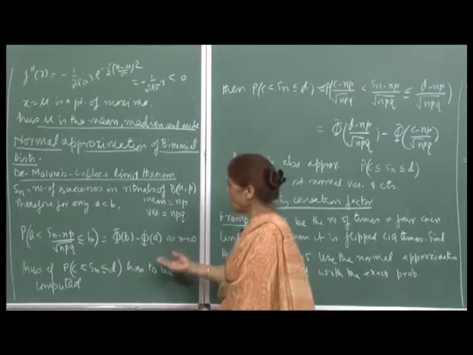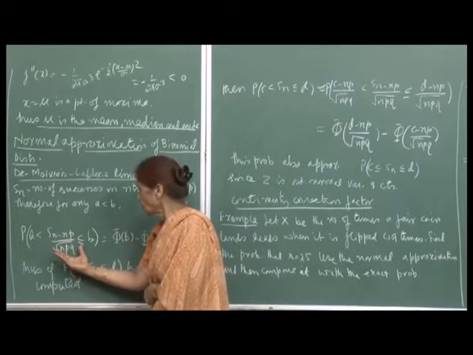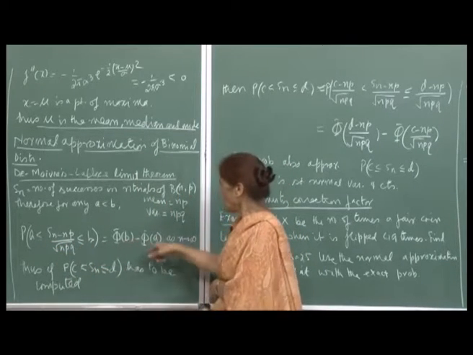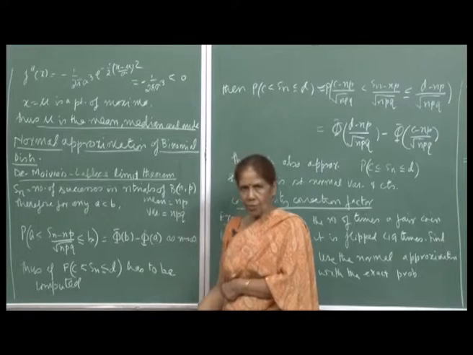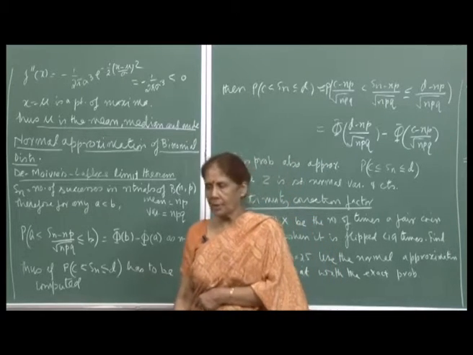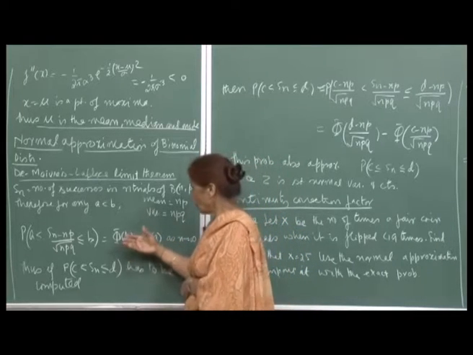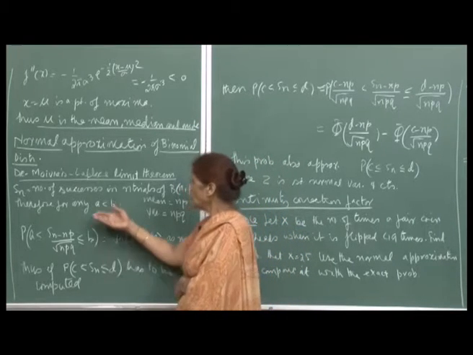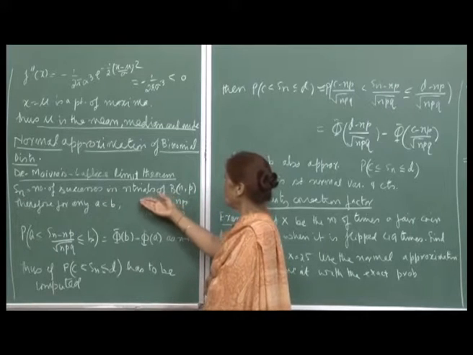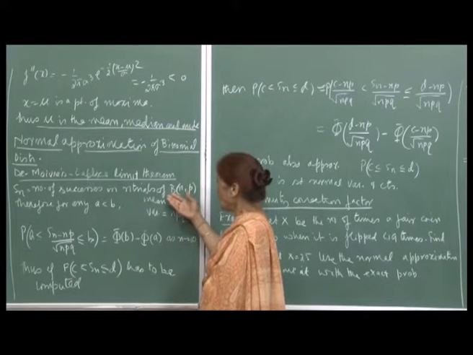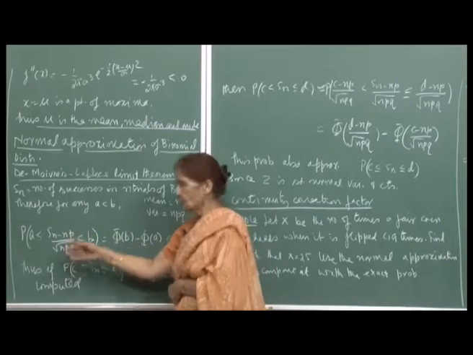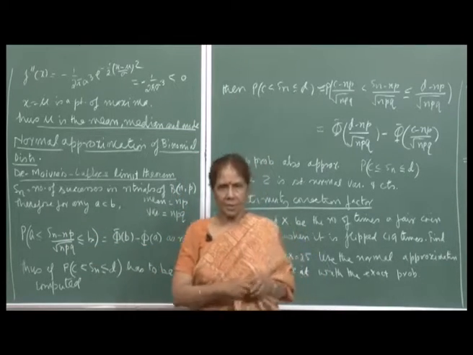That means for large n you can approximate this probability by phi b minus phi a, and later on we will show that this is actually a very general result, where you do not really need to have the distribution as binomial, and for any distribution this kind of thing holds, which we call the central limit theorem.